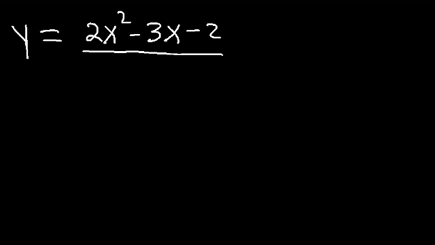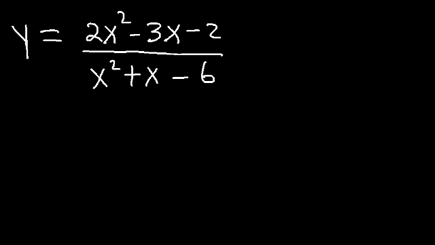Let's try this example. Y is equal to (2x squared minus 3x minus 2) divided by (x squared plus x minus 6). So what do you think the horizontal and the vertical asymptote for this function is going to be?